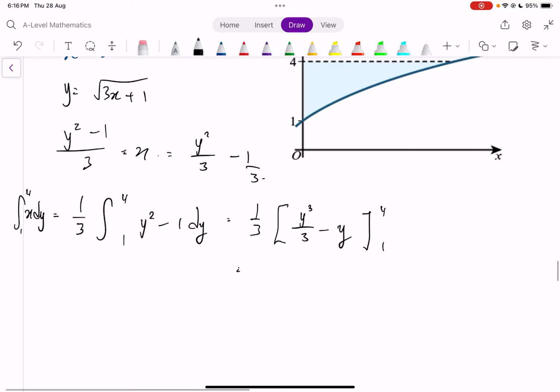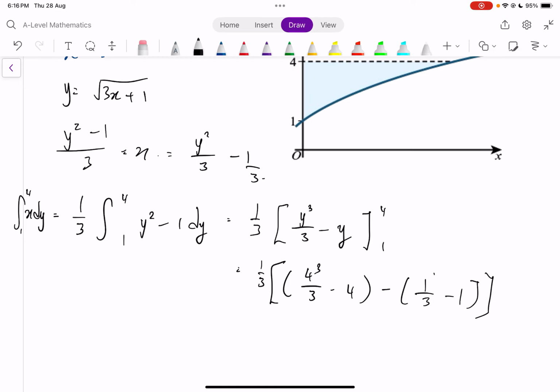That results in 1 over 3 bracket, 4 cubed over 3 minus 4, minus 1 cubed over 3 minus 1, bracket. To find our answer, type it in the calculator and we should get 6 units squared.